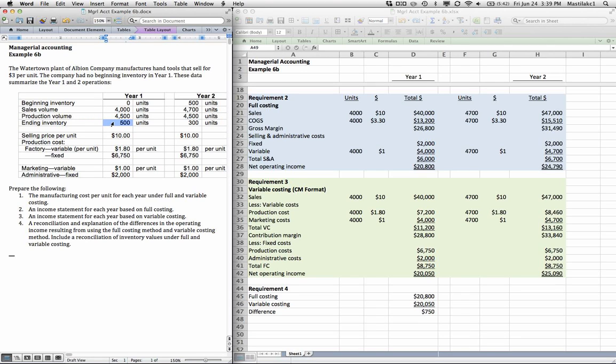Now, if you go back to when we allocated overhead to products in job order costing, we allocated to production, not to sales. The number of units we produced, not the number of units we sold, were the ones that got cost allocated to them.